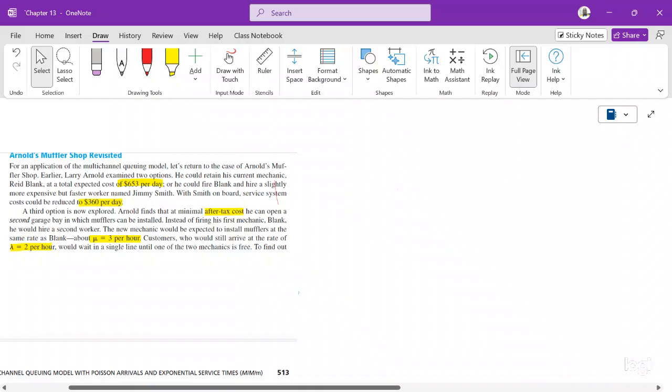Instead of firing his first mechanic, he would hire a second worker. Ne? So now we have 2 workers doing the same job. The new mechanic will be expected to install mufflers at the same rate as the first, about 3 per hour. Customers will still arrive at the same rate, okay, and will wait in a single line until one of the 2 mechanics is free.